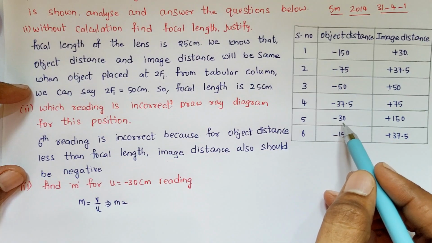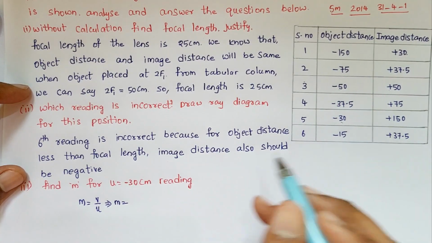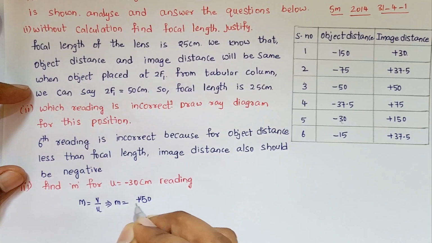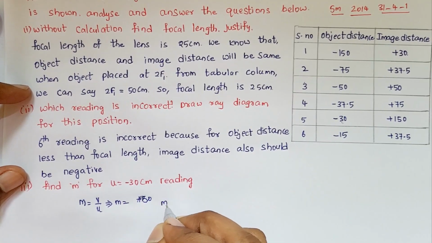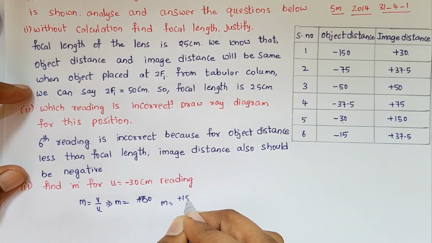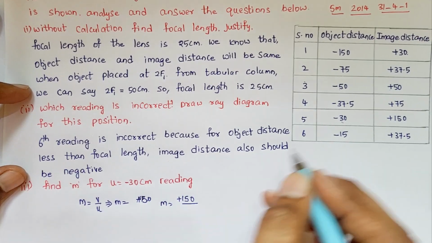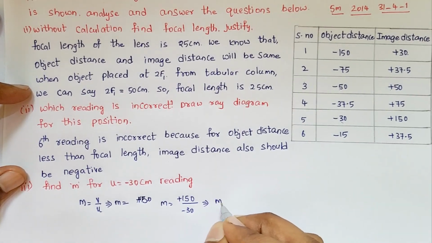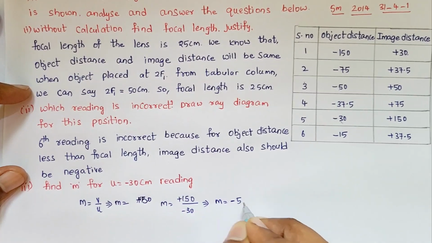Where is u equal to minus 30? Here. v is equal to plus 150. So m is equal to plus 150 divided by u. u is minus 30. Which implies m is equal to minus 5.